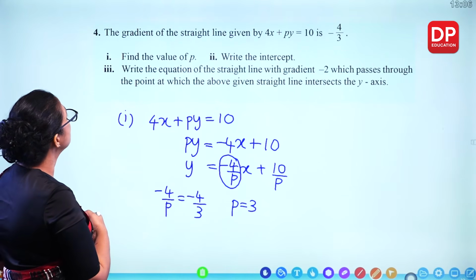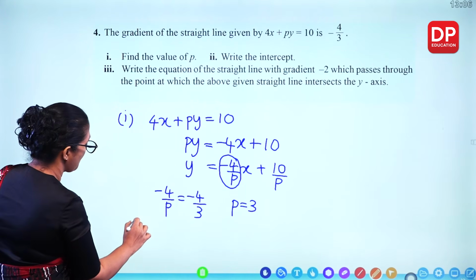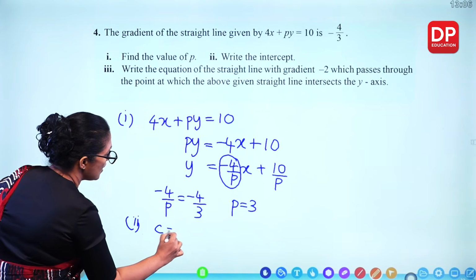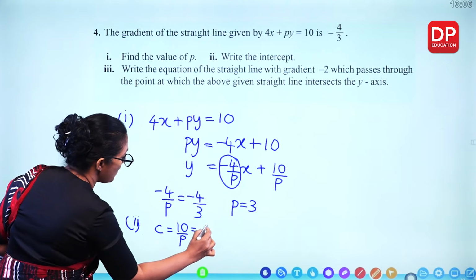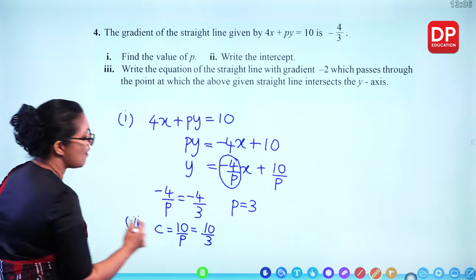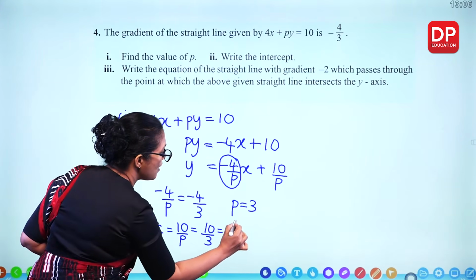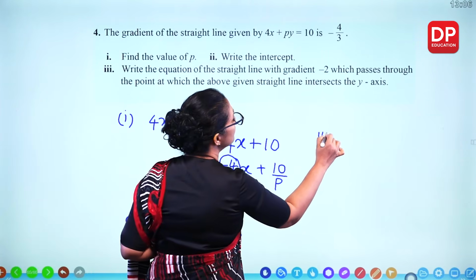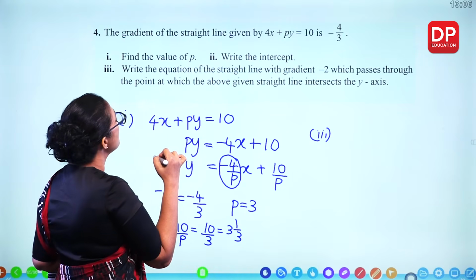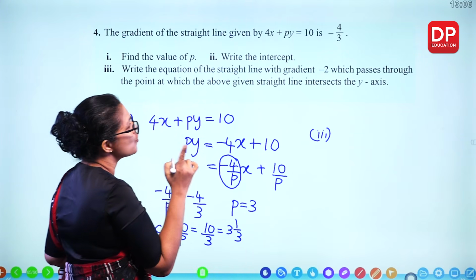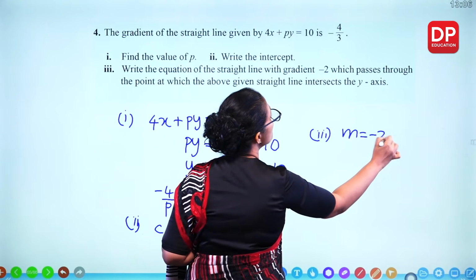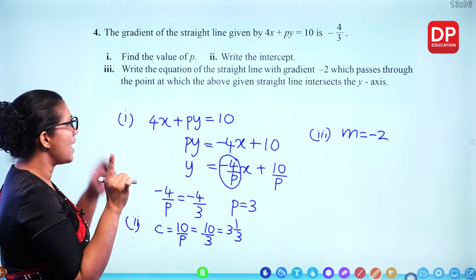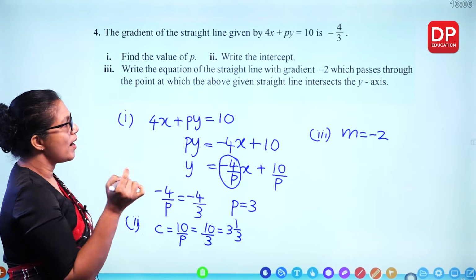Write the intercept. Intercept is 10 divided by p. 10 divided by p means p is 3. So 10 divided by 3, this is 3 and 1/3. Part 3. Write the equation of the straight line with gradient minus 2, m equals minus 2, which passes through the point at which the above given straight line intersects the y-axis.